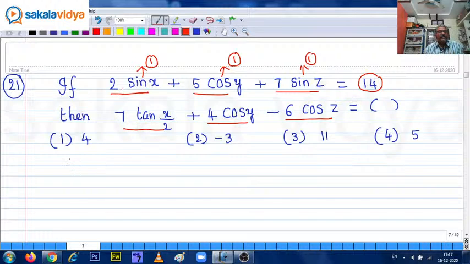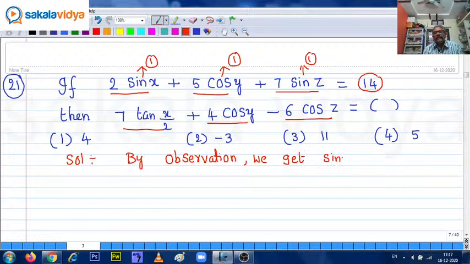Yes. So that means, by solution by observation, we get sin x equals 1, cos y equals 1, sin z equals 1.